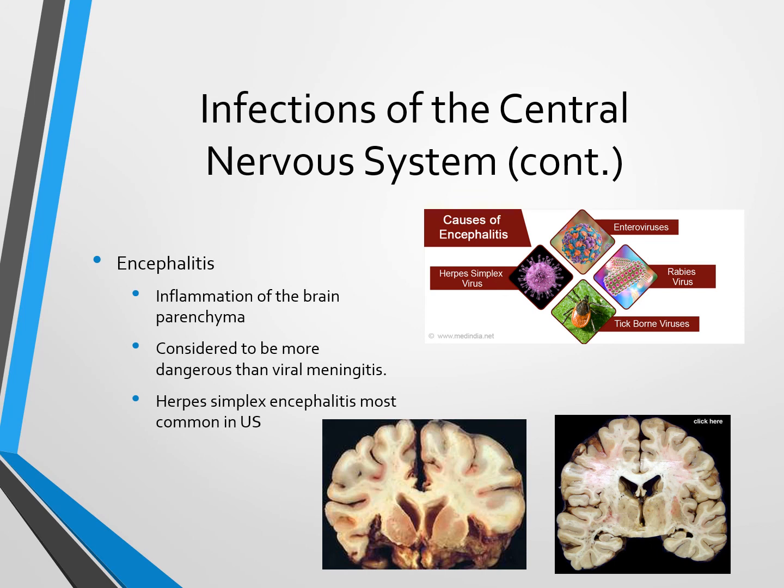Now, herpes simplex encephalitis is the most common type that occurs in the United States, and if it's not treated, there's a 70% death rate. It typically destroys the temporal lobes, the sides of the brain, and the areas of the orbital frontal region.